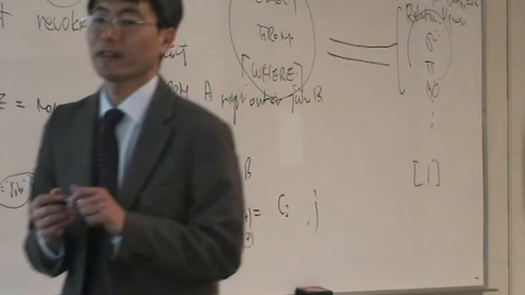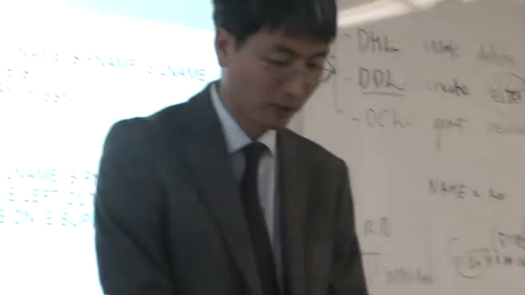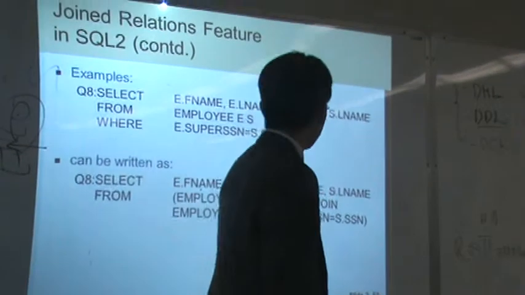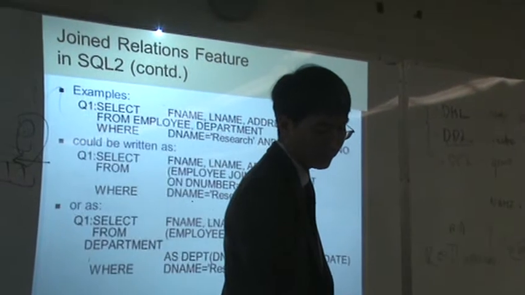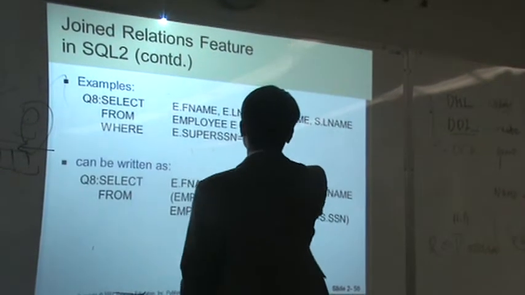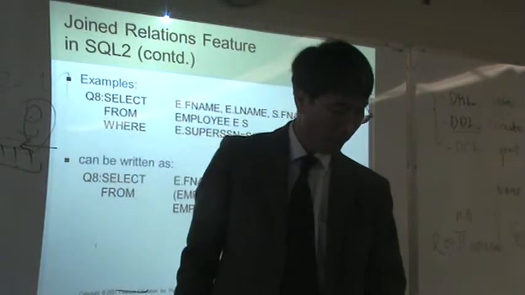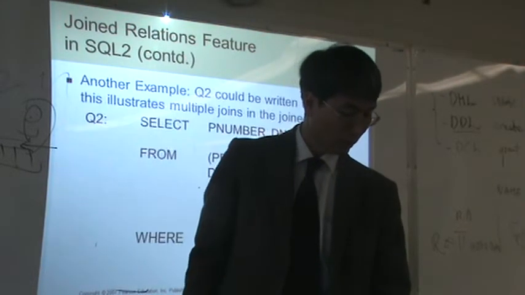This is the right outer join. It is used frequently. And if you have the join condition, use the on join condition. In this case, the left outer join looks like this. Okay, there are more examples.